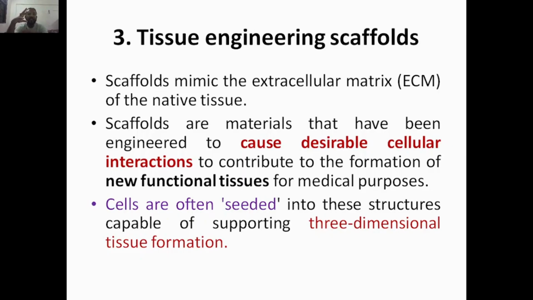Finally, when the new tissue is formed, the scaffold has to undergo degradation, so that the tissue will develop its own extracellular matrix naturally, and the synthetic scaffold we implanted has to degrade over a period of time. That's how we need to develop the scaffold. That is what we will be studying in this topic.